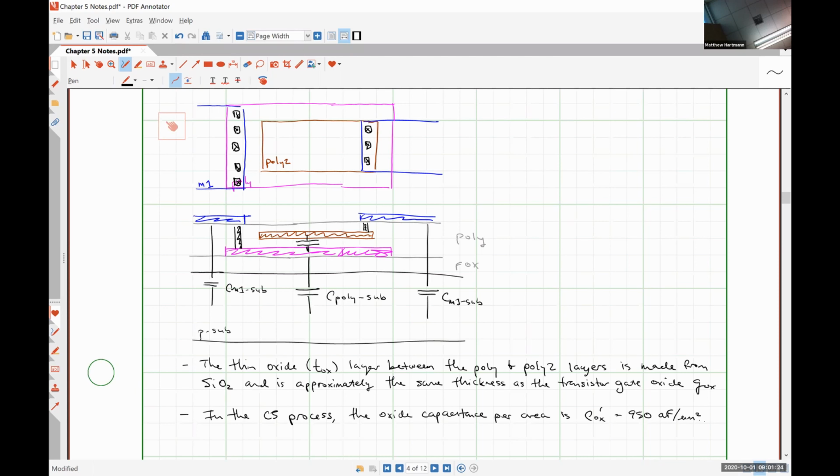Maybe a little bit more, maybe a little bit less, depending on the actual fabrication run, but somewhere in this area is reasonable. When we were dealing with the metal 3 to substrate capacitances, we saw that that was something like 26, I think, attofarads per square micron. So this is significantly larger, roughly 30 to 40 times larger.